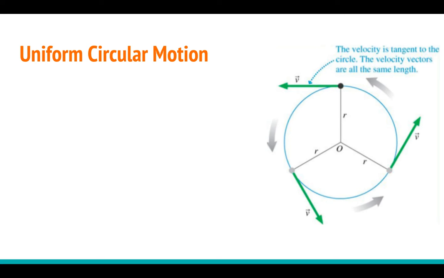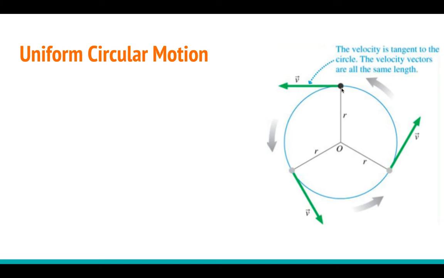Okay, so far we know that uniform circular motion is a special case within circular motion. In this case, we have an object that moves around a circular path with a constant velocity. And as we can see in the image to the right, the velocity is tangent to the circle, which means that the actual vector begins on the circular path and creates a tangent line to that circular path.